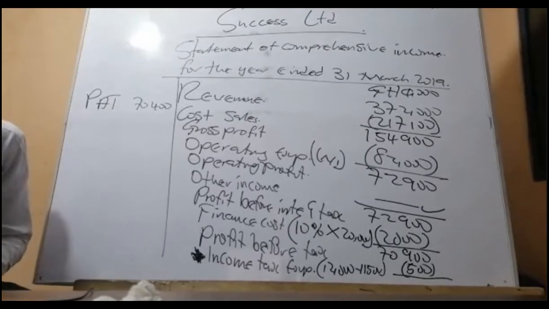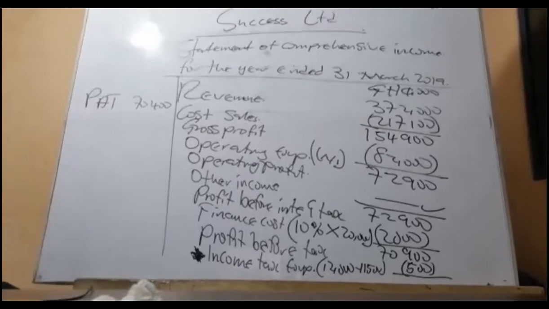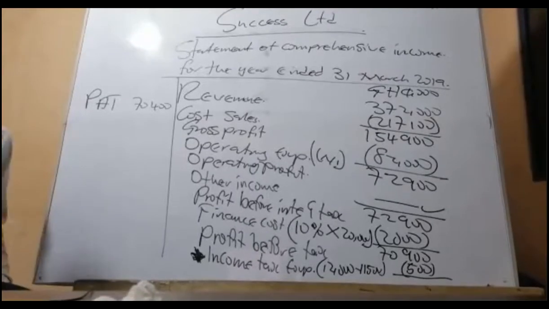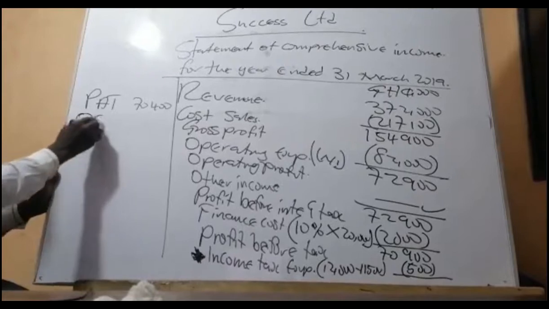From profit after tax, where do you go to? Thank you. OCI, other comprehensive income.